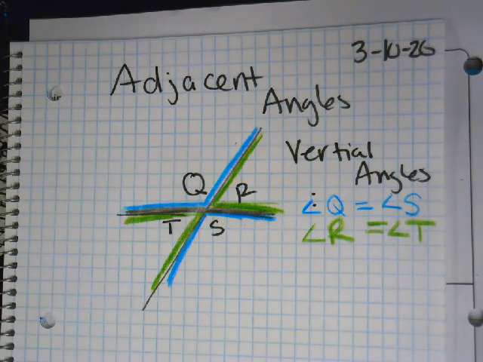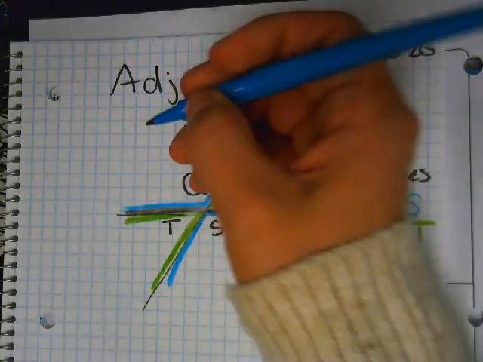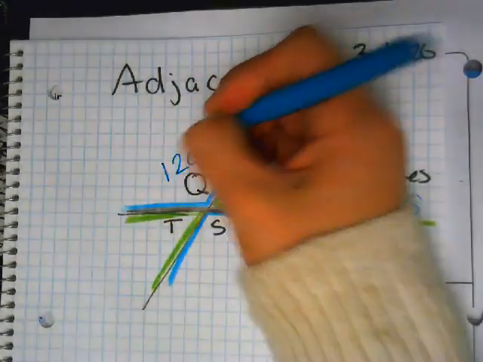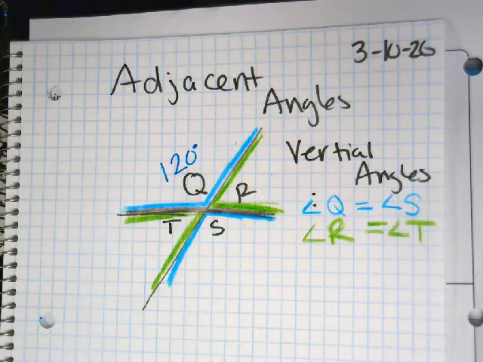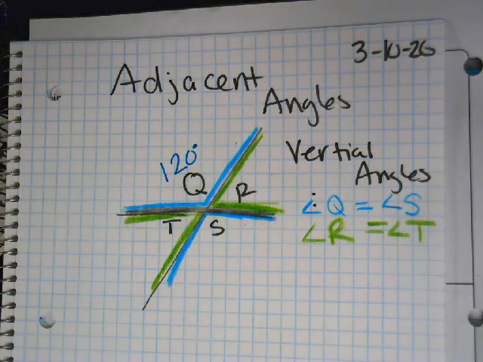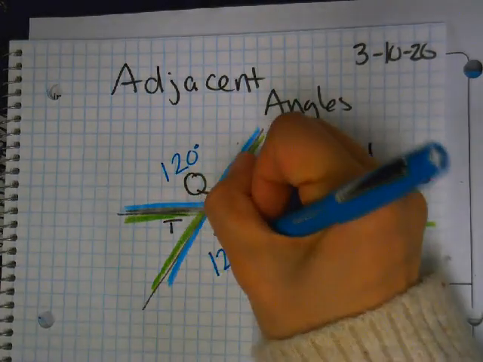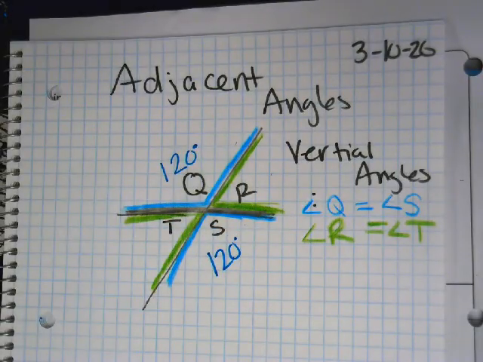I like it. It is past 90. That's why some of your answers I didn't love. But I do love 120. So let's do 120. If Q is 120, what do you know immediately? S is 120. Good, because they are congruent. They're equal. You don't have to do any math.